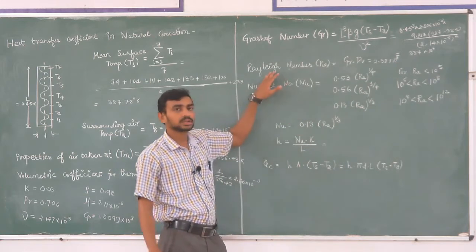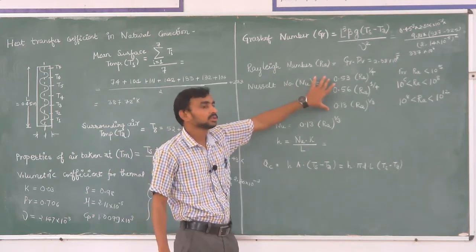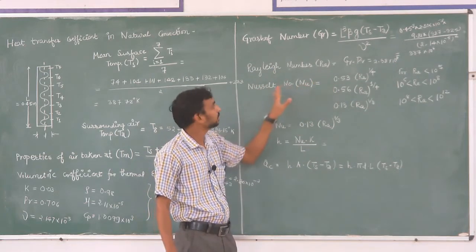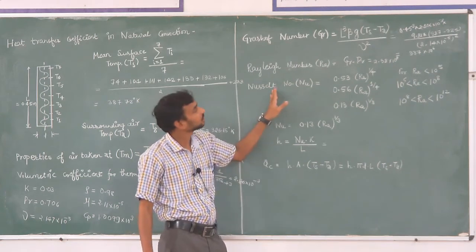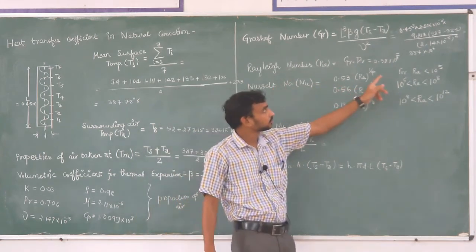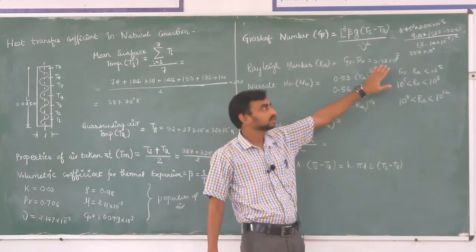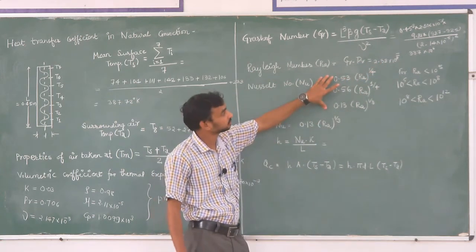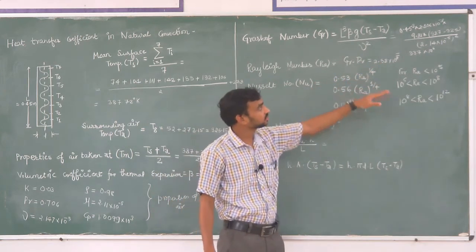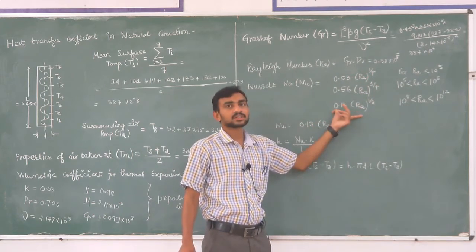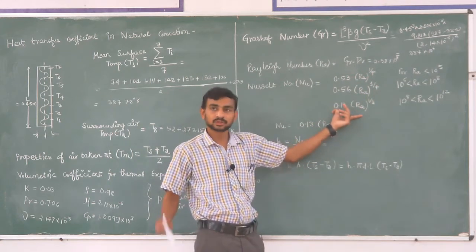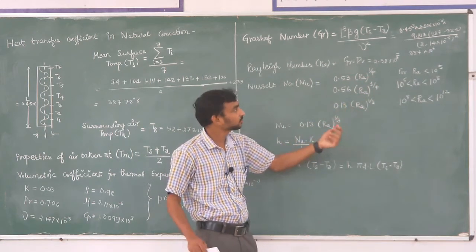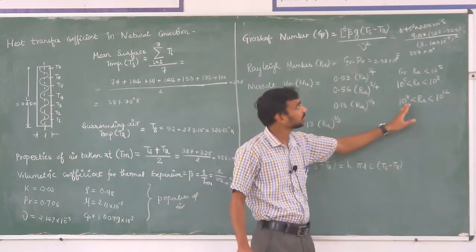So, based on the Rayleigh number, there are 3 empirical relations to find out the Nusselt number. Based on this data, our empirical relation will be determined. For the present case, this empirical relation will be valid for our calculation, since it is more than 10 to the power 8.